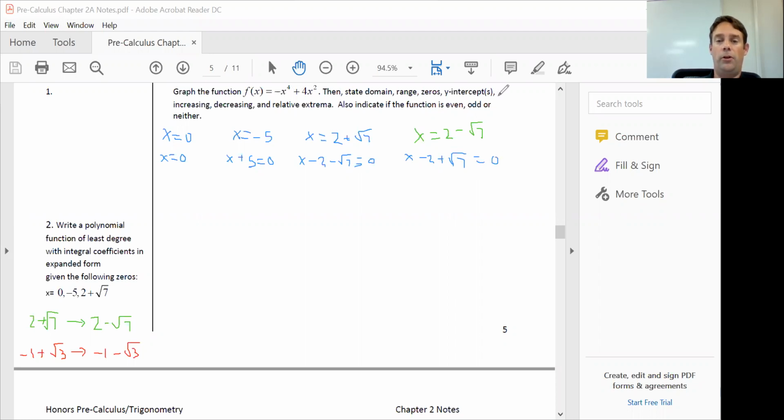All right, so what we're going to do here, friends, is we are going to take these and start multiplying. So we're going to write them out as a list of all the factors multiplied together. So our polynomial would be all these factors multiplied together.